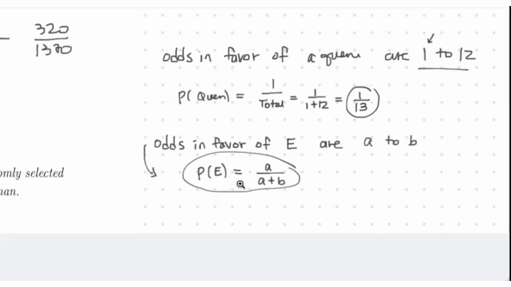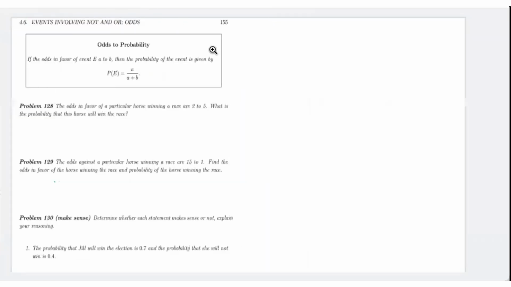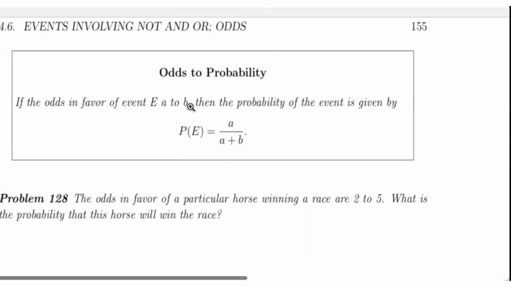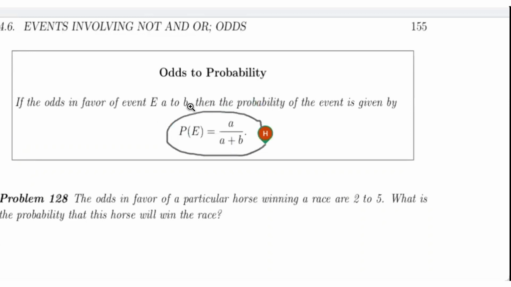Instead of in favor, if it's against, we just flip that and then take the probability. Odds to probability: if odds in favor of an event are A to B, then the probability of the event is A over A plus B.